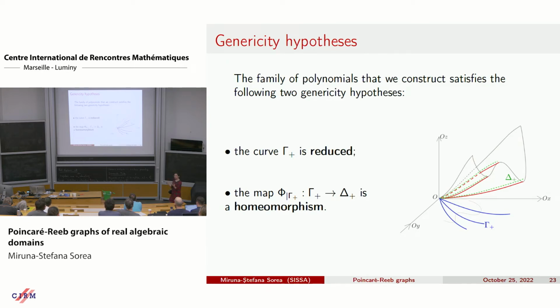And the second genericity hypothesis was the fact that we want to avoid vertical bitangencies. This would be equivalent to the fact that this map phi sends the polar curve gamma homeomorphically onto the discriminant curve. So we don't want two branches of the polar curve to be sent on the same branch of the discriminant.